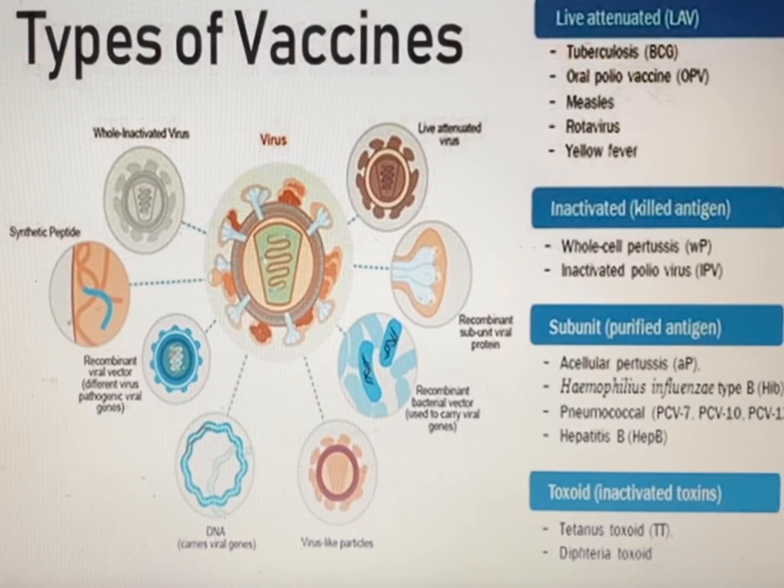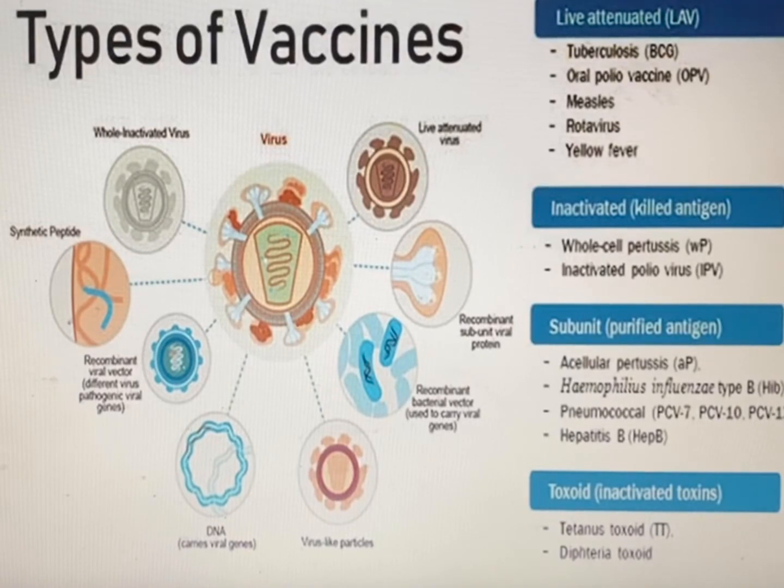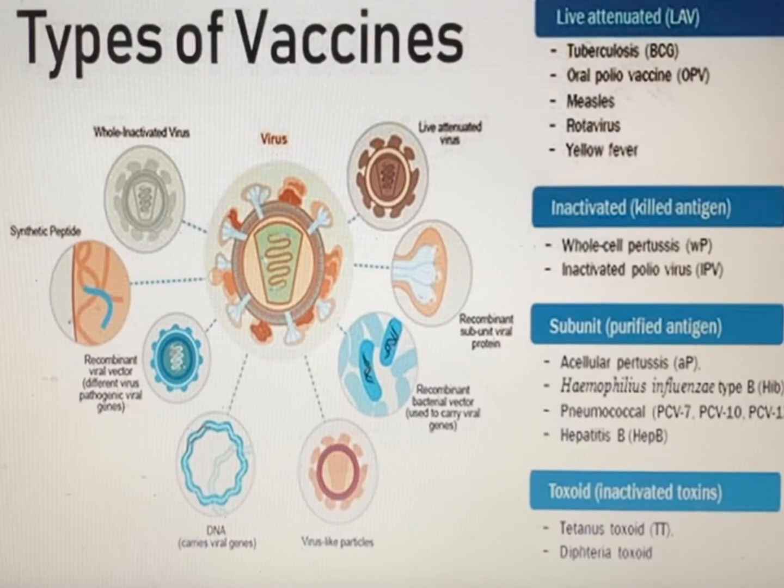For example, Crotalus atrox toxin is used to vaccinate dogs against rattlesnake bites. Though this is not so important to know, you have to describe different examples of toxoid like tetanus toxoid or TT and diphtheria toxoid.